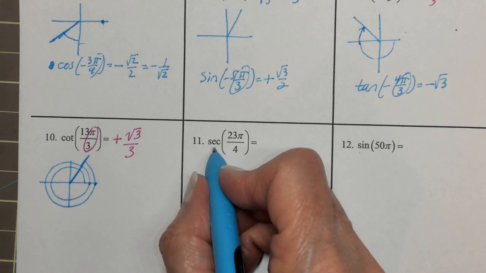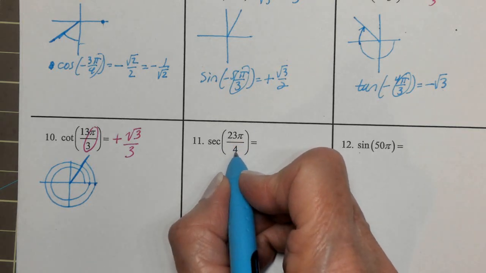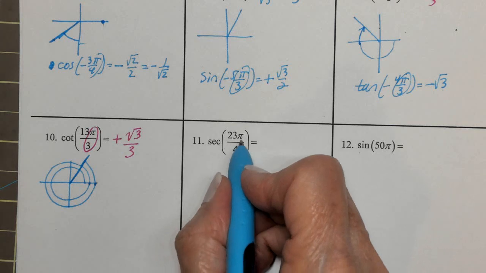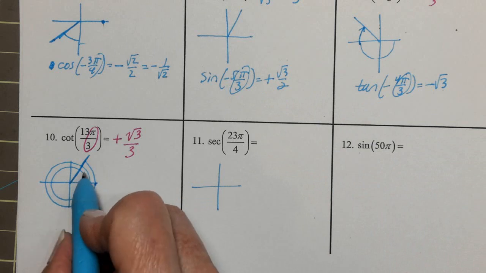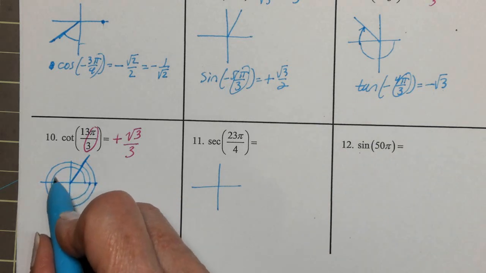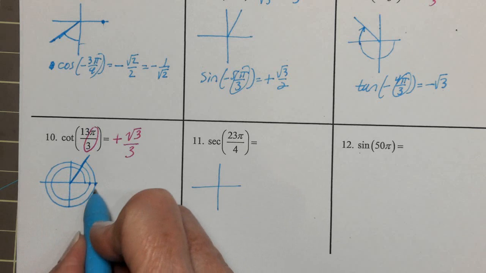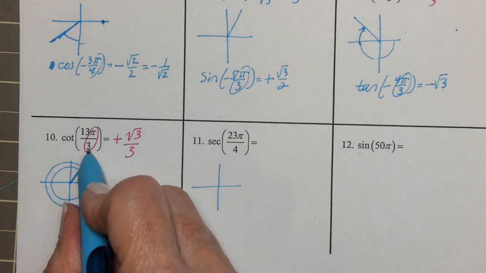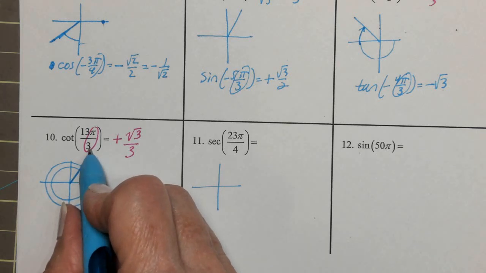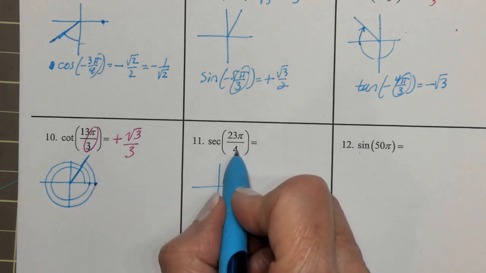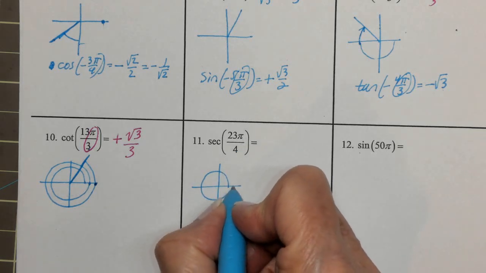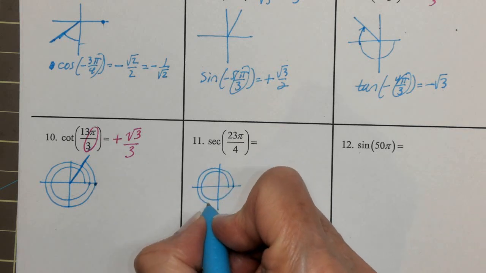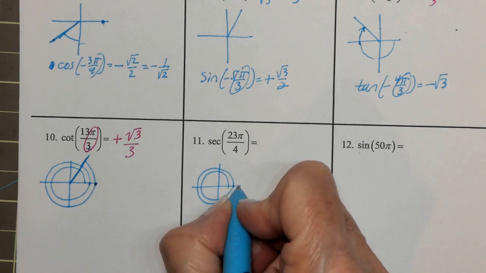Okay, again on this one, secant of 23 pi over 4. Well, we could do it kind of like we did this one, but what did we do here? We went around 6, 12, right? We went around multiples of 6, didn't we? We're going to go around multiples of 8 this time. 8 pi over 4, 16 pi over 4.